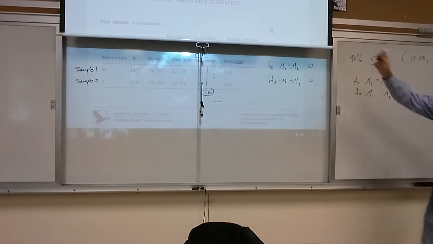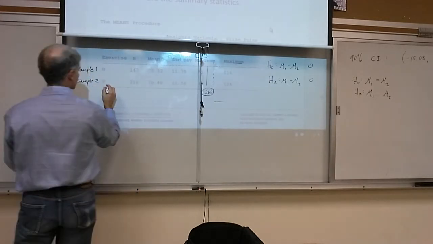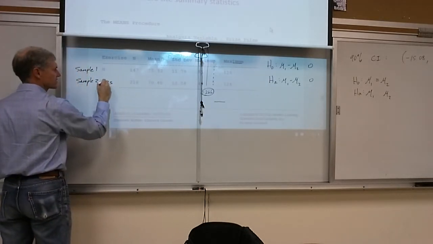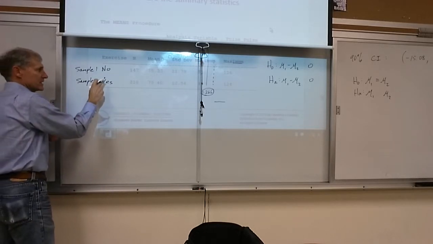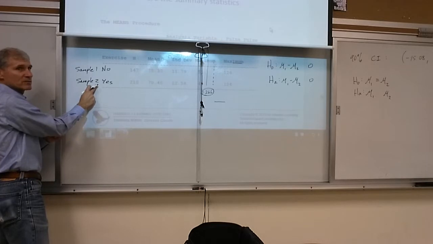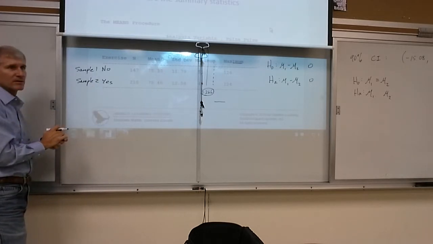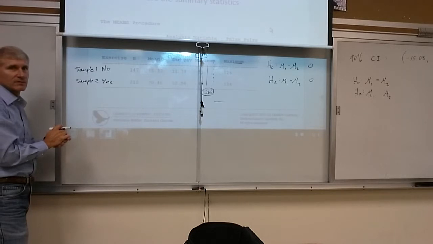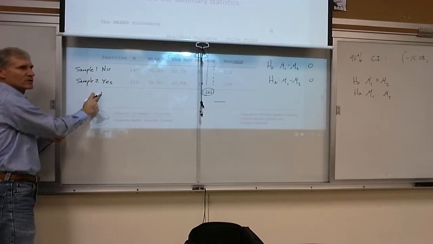Now, if the claim is correct, and this is yes for exercise and no for exercise, if I call yes mu1 and no mu2, then which should be bigger? Mu1 should have a higher heart rate, so mu1 should be bigger than mu2.